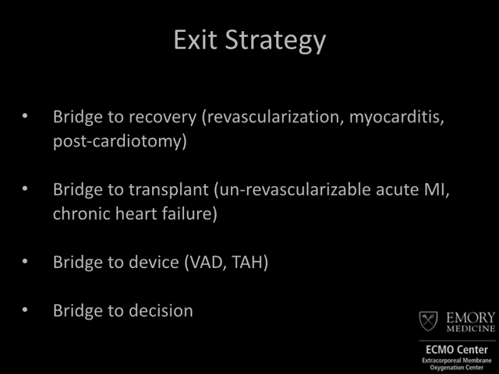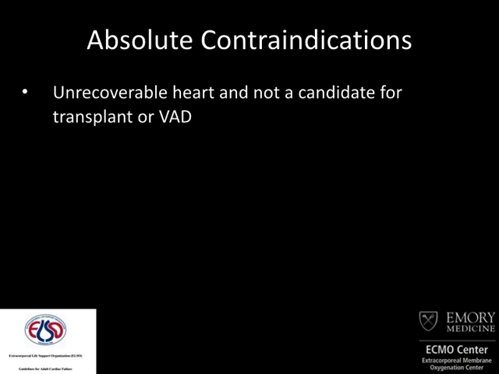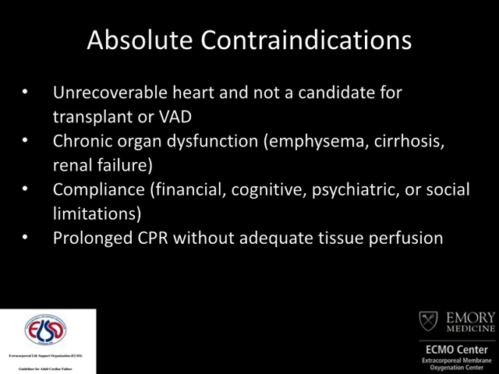So what are the contraindications to ECMO in cardiogenic shock? This is what ELSO has to say. They say if it's an unrecoverable heart and not a candidate for transplant or VAD, the patient has chronic organ dysfunction, meaning of essentially any other organ which would preclude them from receiving a transplant or VAD. If they have compliance problems, and that may be a number of things.